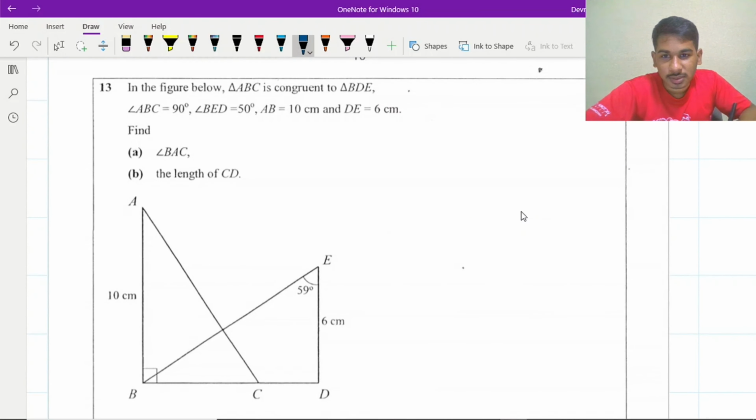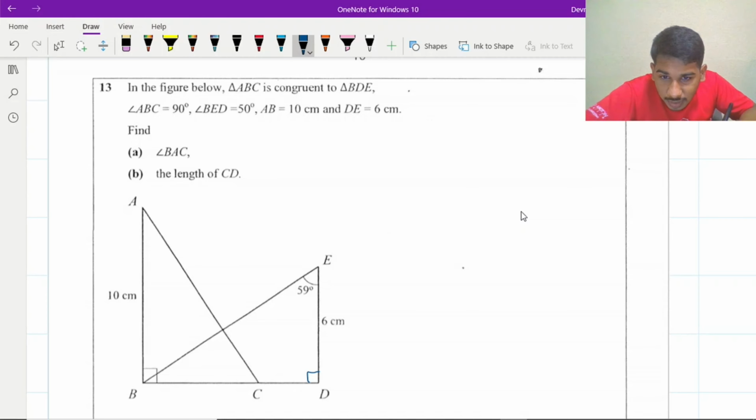In the figure below, ABC is congruent to BDE. Okay, got it. ABC is 90 degrees and this one should be 90 degrees also. And then BED is 50 degrees. Where is BED? They say it's 59 and then they say it's 50.